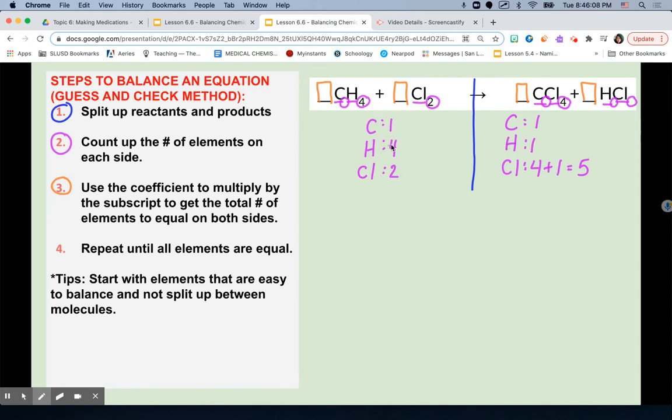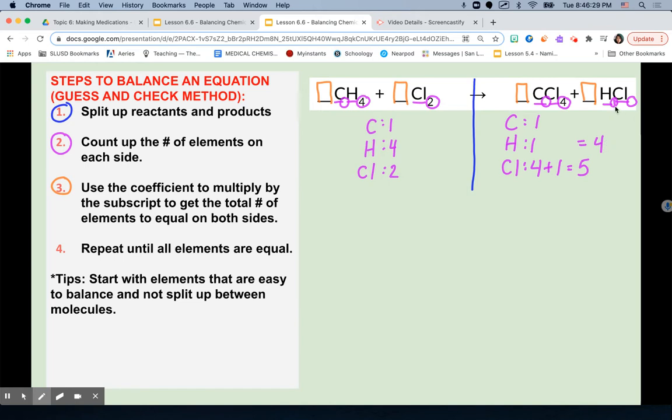So I want the total amount of H on this side to match the H's on this side. So essentially, I want the total number of H's to be 4. And currently, I just have 1 as shown here.